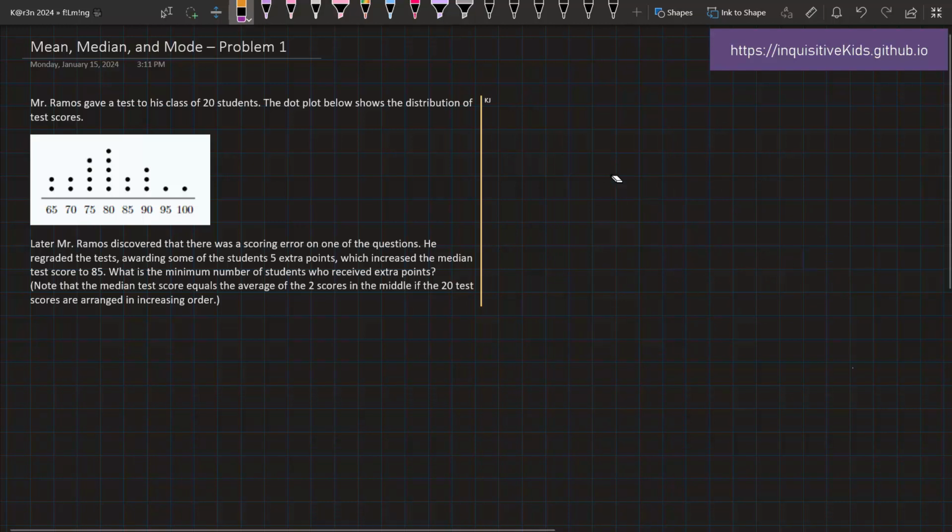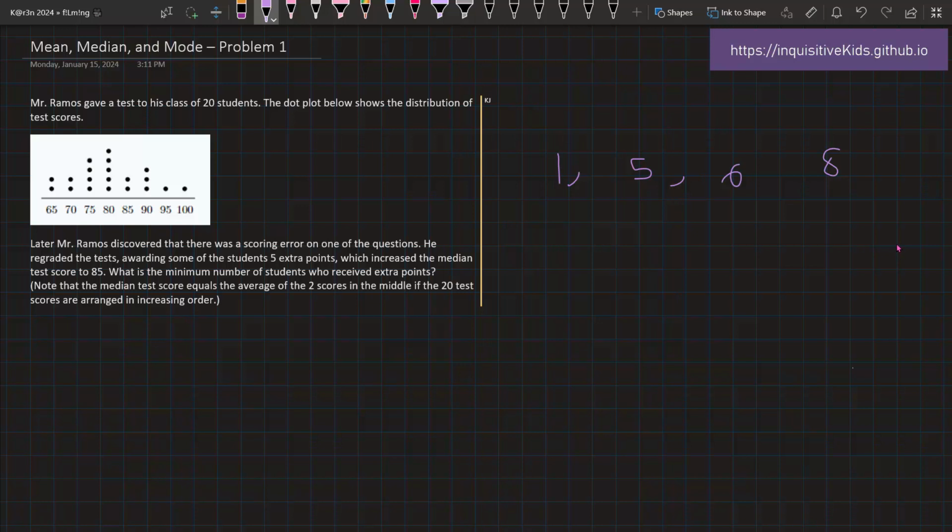Now let's talk about what is median. Median is when we arrange all the members of the set of data. Say we have 1, 5, 6, 8. We would arrange them from least to greatest or from greatest to least. I personally prefer reading from left to right, so I would do least to greatest.